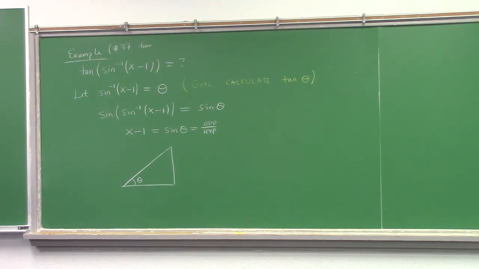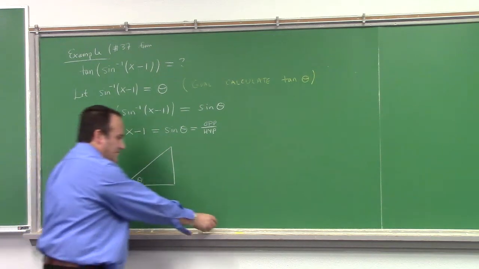So what should I put there? What would be reasonable choices for the opposite side and the hypotenuse? Well, it's not a fraction, it's x minus 1. How can you see x minus 1 as a fraction?